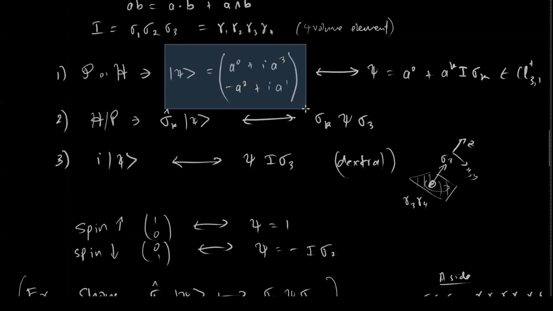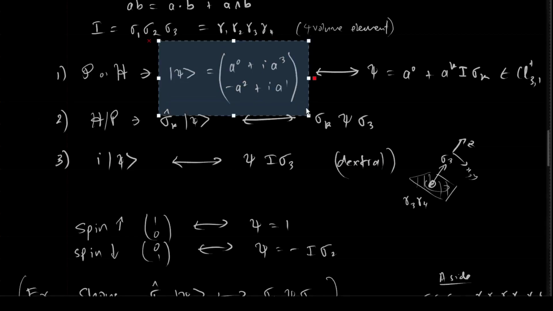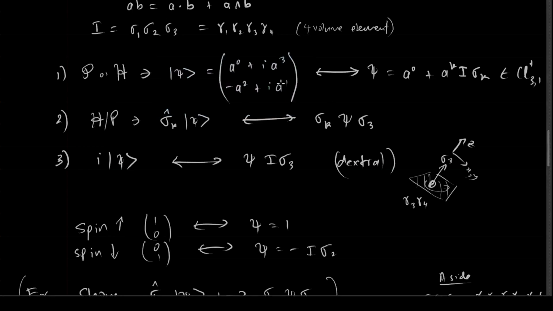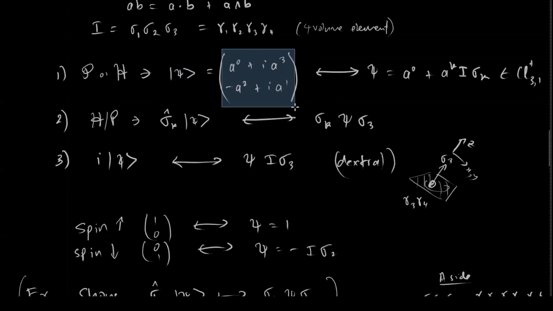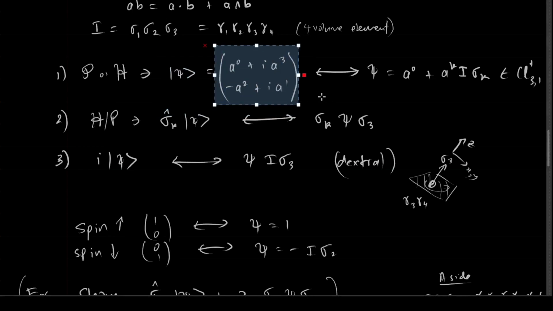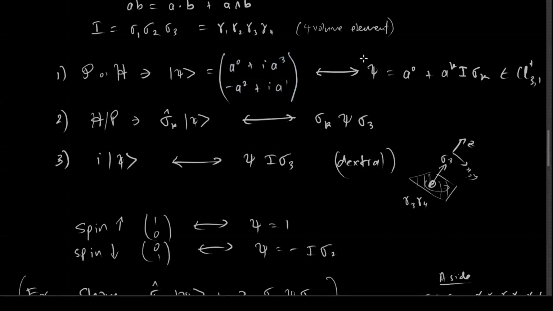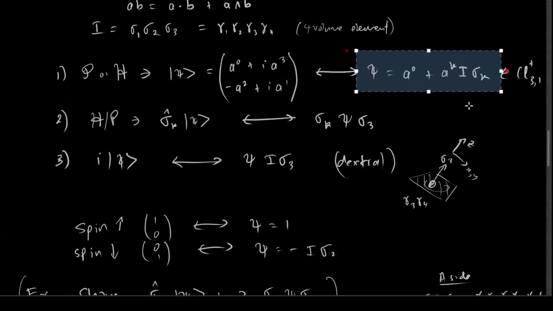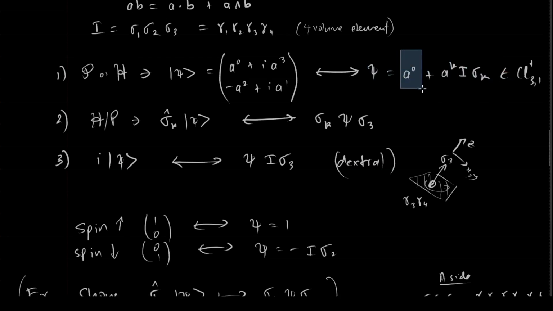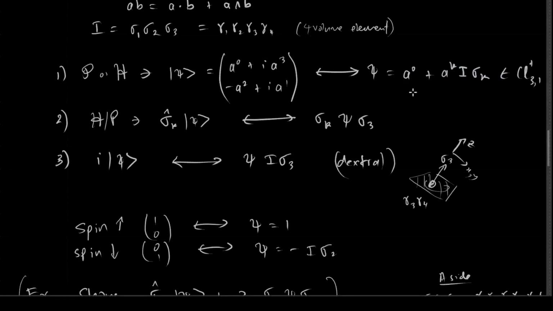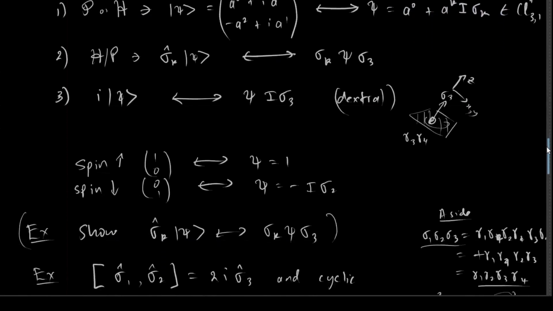So what we were doing was checking the Pauli algebra. The matrix algebra has Pauli matrices, and you can define a very generic one using some coefficients A0, 1, 2, 3. And the proposal was that this maps onto a Clifford algebra in this fashion. There's a scalar, and then there are these bivectors here. And that's the idea.